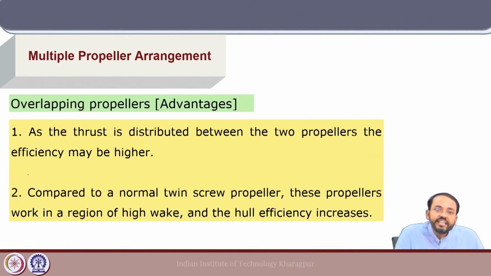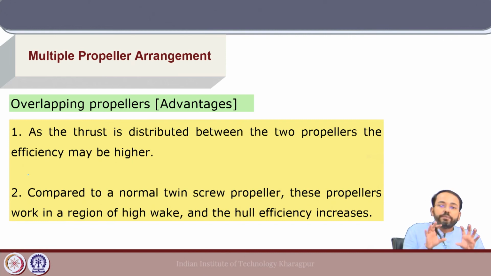And secondly, if we compare this overlapping propeller concept to a normal twin screw propeller that we have seen earlier, with a port propeller and a starboard propeller separated by a proper distance depending on the ship design, these overlapping propellers operate at a region of high wake. Why?